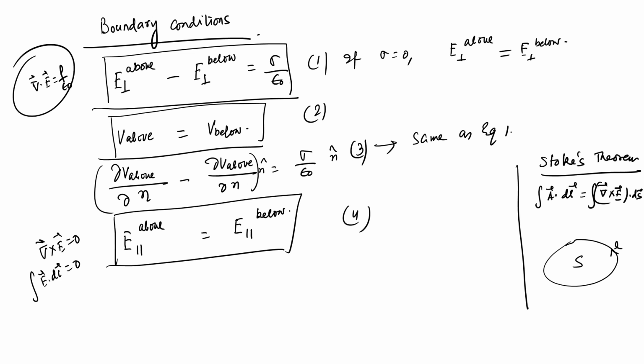Okay. It is important to note that you have a relation E equal to minus grad V. V is the potential, and it can be questioned how a scalar quantity, potential, can give information about the vector quantity.